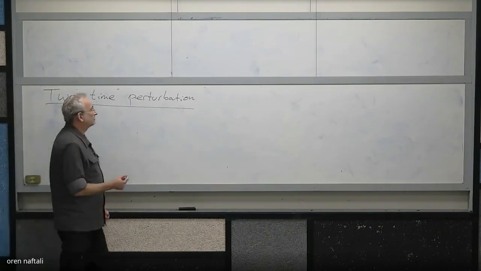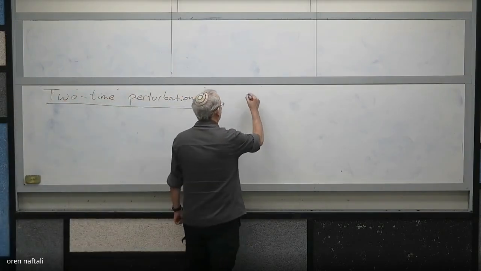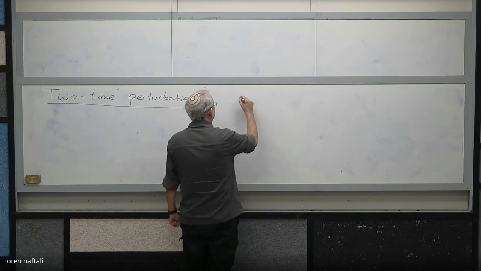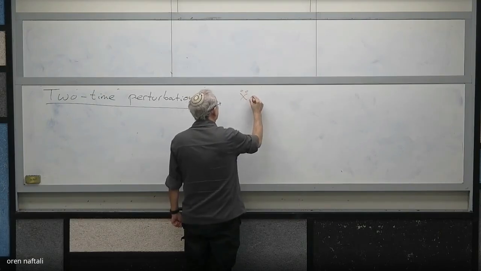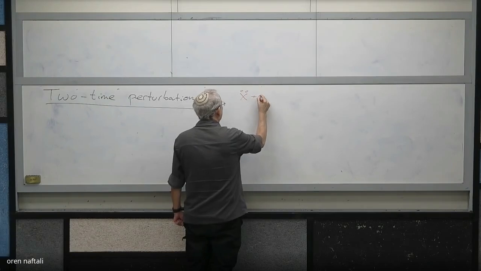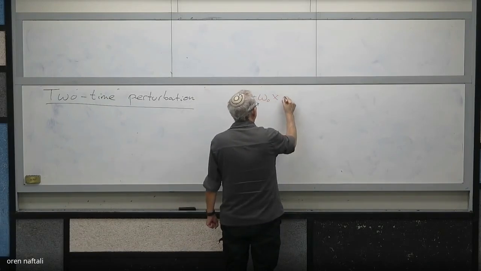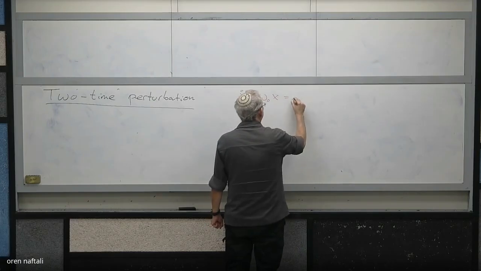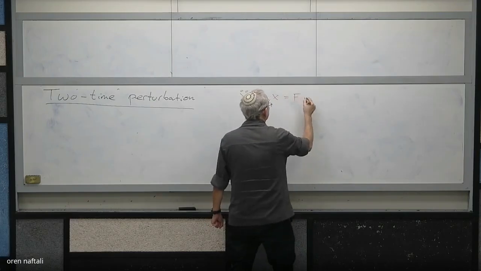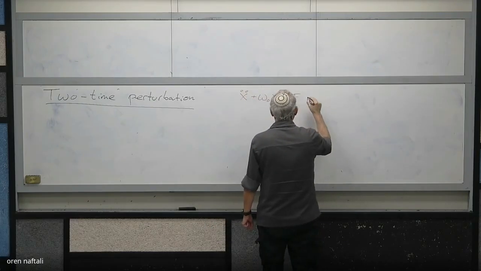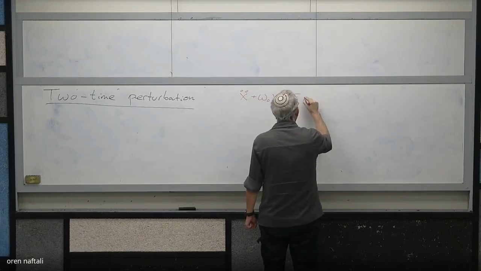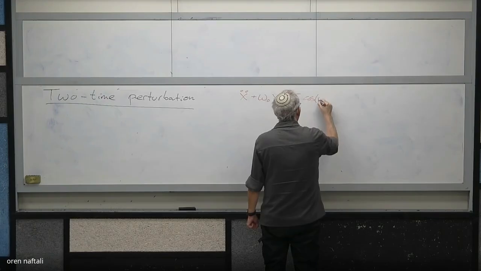So the problem I would like to analyze for the moment is the equation, say x double dot plus omega 0 x equals some f, say force. Actually it should be force divided by m, but let's take m equals 1, cosine of omega t.